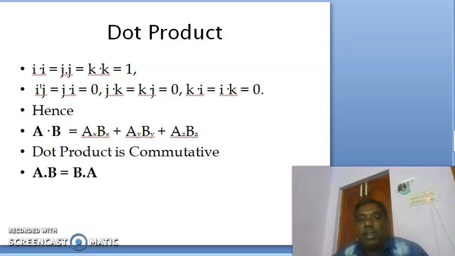Hence a vector dot b vector is equal to ax bx plus ay by plus az bz, and the result of this dot product is a scalar value. The dot product is commutative, which means a dot b is equal to b dot a.